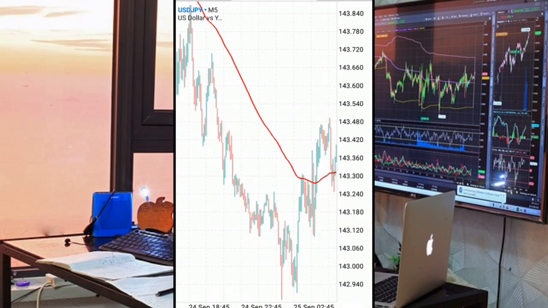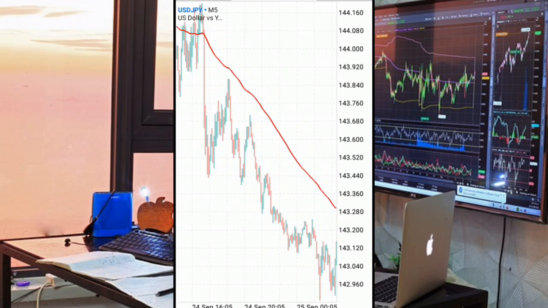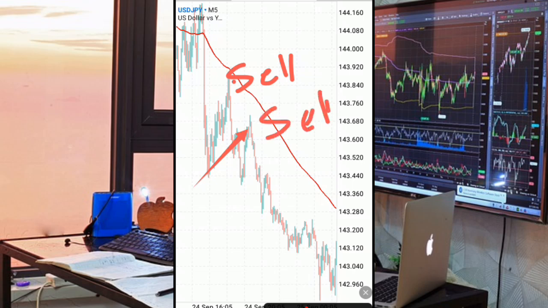If price is still below the moving average, it means we can place any sell entries anyhow. For instance, you can have your one entry here at this peak, and you can have another one at this peak again, sell. You can have another one at this peak, you sell.